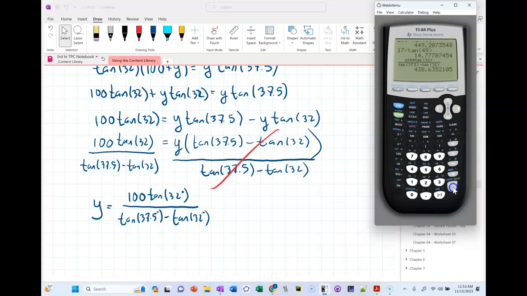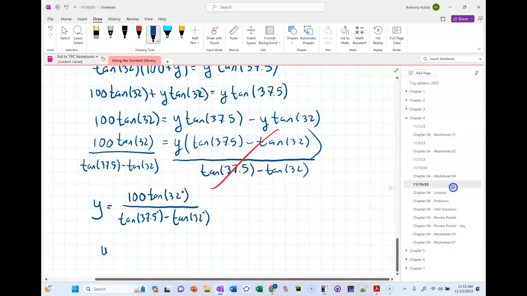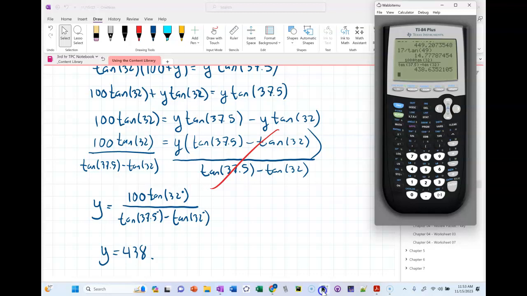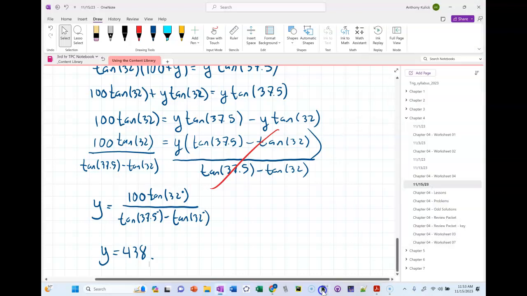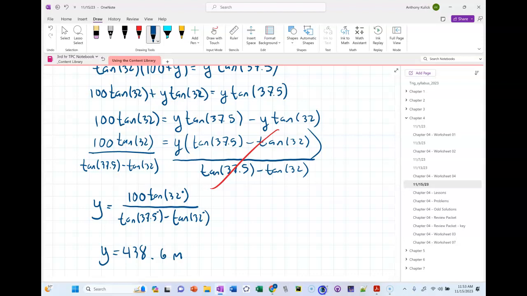So if I press enter, I get that y is 438 point something, 6, and that should be meters. Did that answer the question, though?